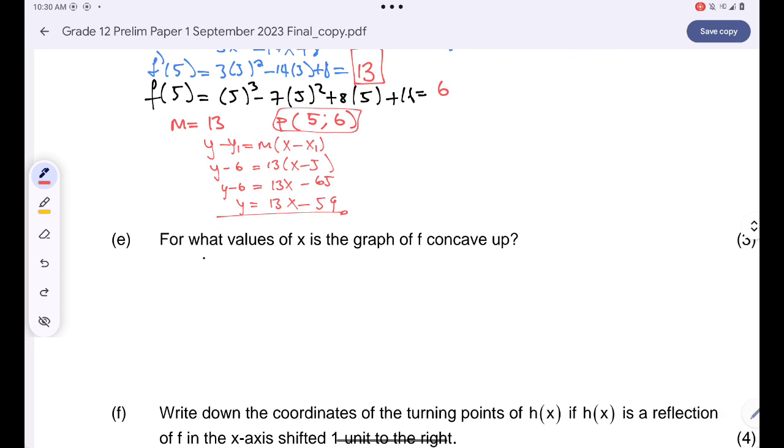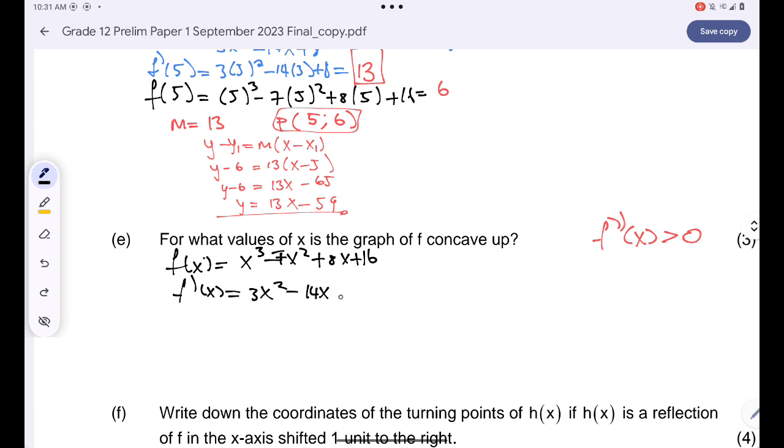And then now we are supposed to write down the values of x for which our graph is concave up. My graph will be concave up, guys, if and only if the second derivative is greater than 0. Are you together? So if f of x is equal to x cubed minus 7x squared plus 8x plus 16, the first derivative will be 3x squared minus 14x plus 8, and the second derivative will simply be 6x minus 14.